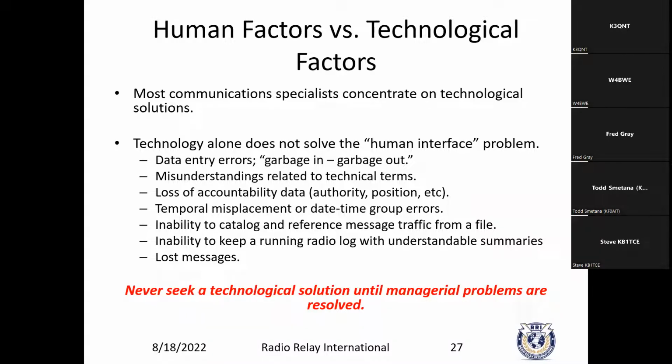So, we're looking for things like human interface problems, data entry errors, misunderstandings related to technical terms, loss of accountability data, authority, position, etc., that goes with radio messages. Errors in date time groups can be, as we mentioned in the emergency communications planning course, a really critical failure, because emergency response personnel are looking at trends.